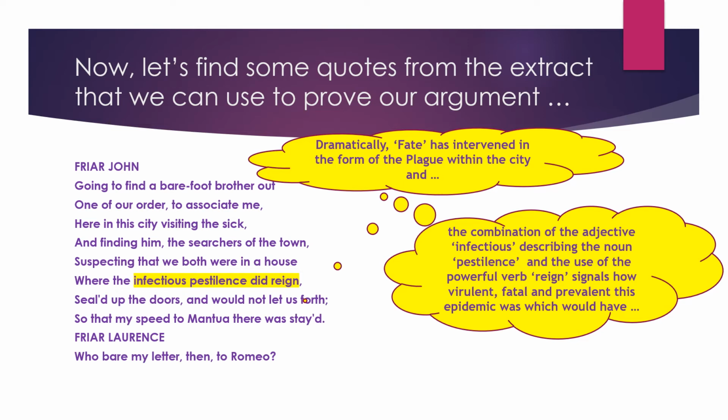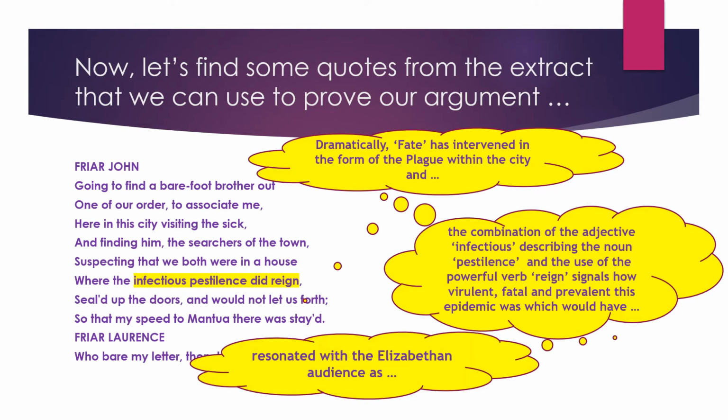Well, yes, I can, because remember, the contemporary audience, the Elizabethan audience, would have been able to connect very easily with this idea of a fatal plague. So I'm going to ask your teachers again to pause the video to allow you to finish off your annotations for that phrase, and then we're going to move on to our next piece of evidence that we're going to analyse.